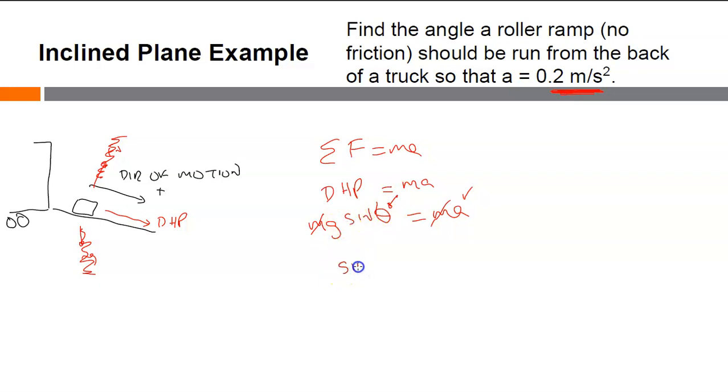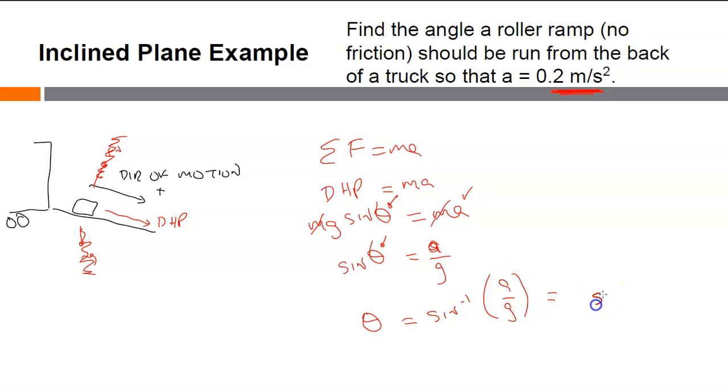Well, if I divide through by g, a over g, okay, and I'm again trying to solve for theta, so I need to get rid of the sine right there, and I can come through and say the arc sine of a over g.